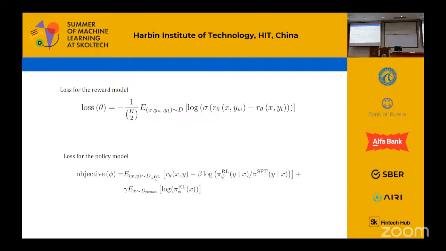Yeah, of course, we can ensemble multiple reward models, but there is another risk: this kind of reward model is really huge, also comparable with the policy network.